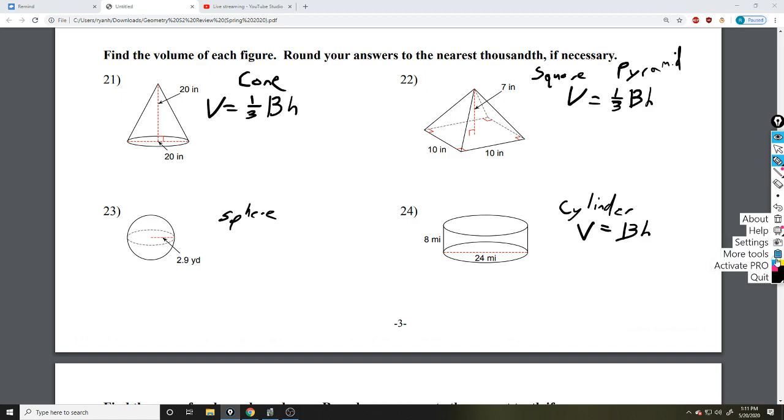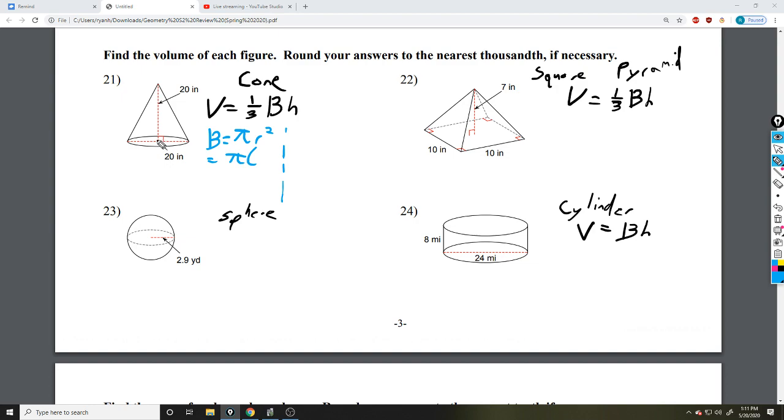So just like yesterday, we're going to start with our area of the base formula. Area of the base. This is a circle. So that's going to be pi r squared. So pi times our radius squared.